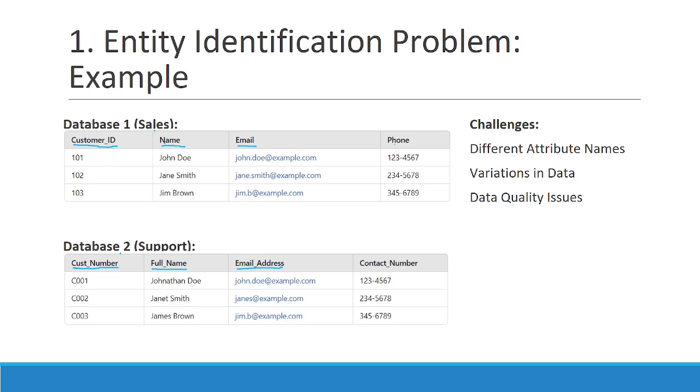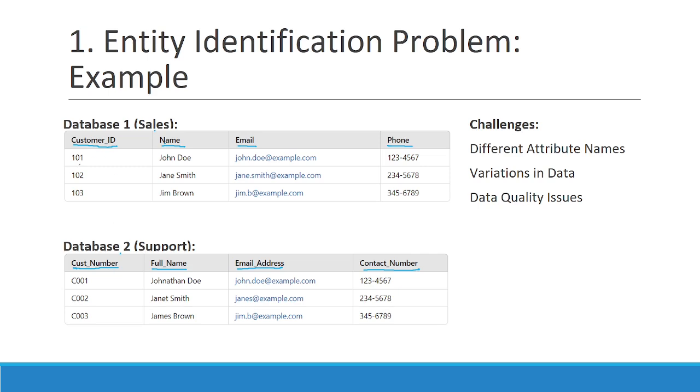Again here the contact number is stored using the name phone, and here contact number. So these discrepancies are occurring in this data set just due to various naming conventions. Meaning the sales people felt that they should give the columns these names, they have given these names. In support, for the same information, they have given different names.